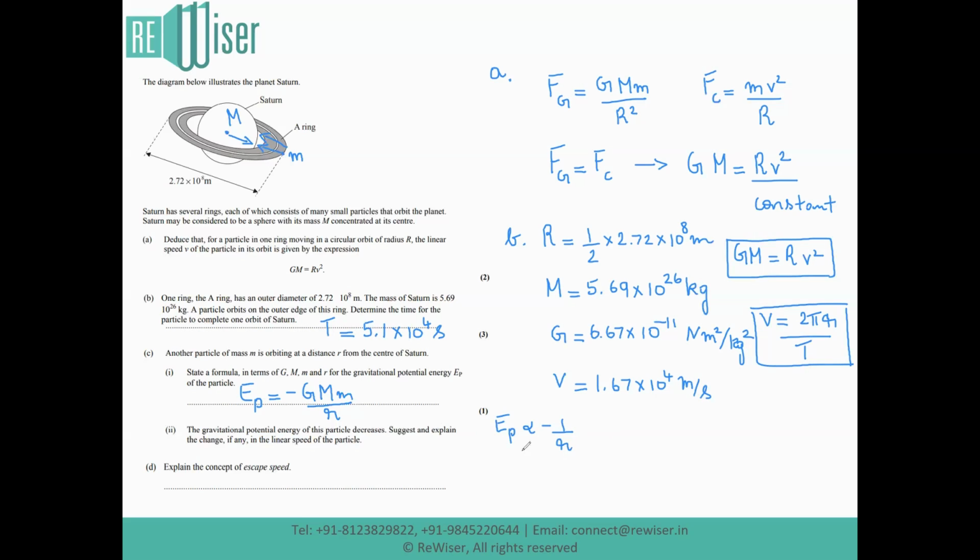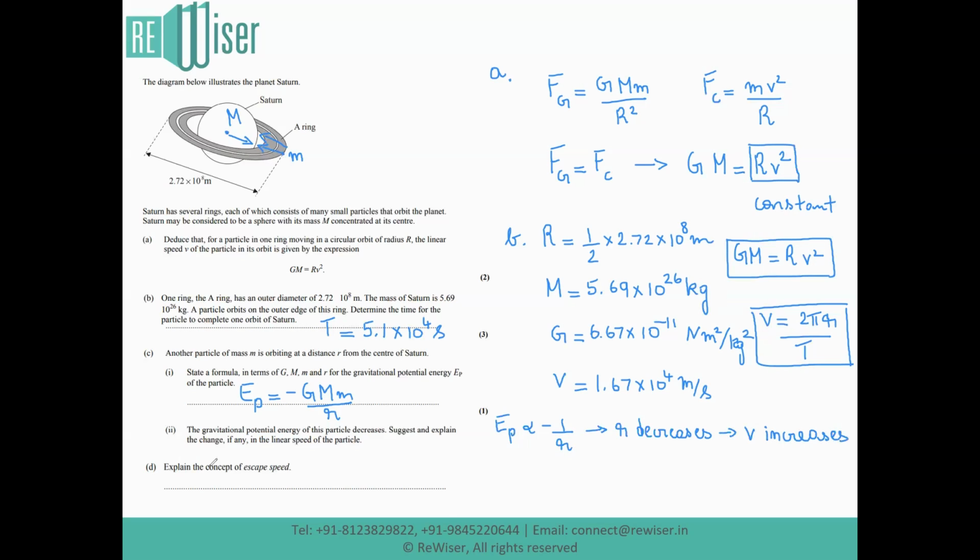But because of the negative sign, if gravitational potential energy decreases, r also decreases. But we also understand from part A that r v² is a constant, which means if the value of r decreases while r v² is a constant, the value of linear speed v must increase.